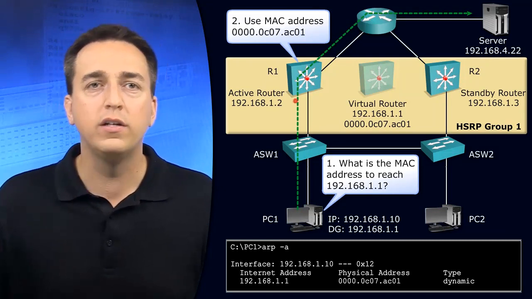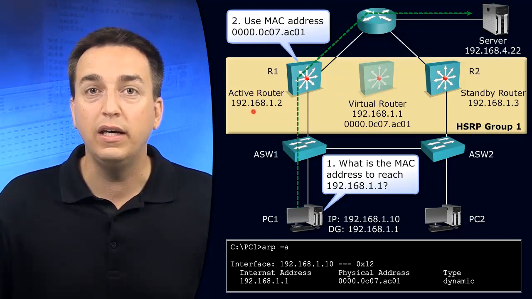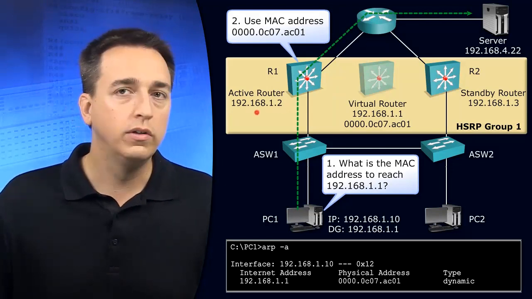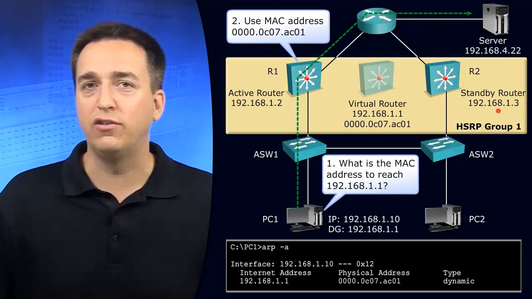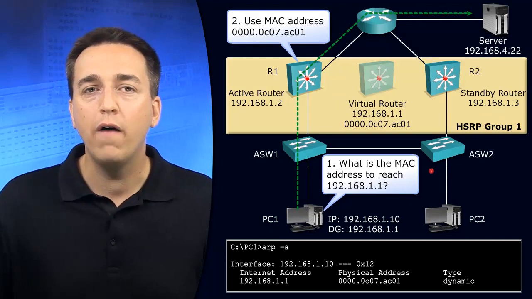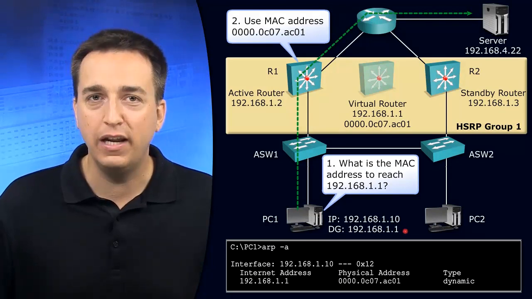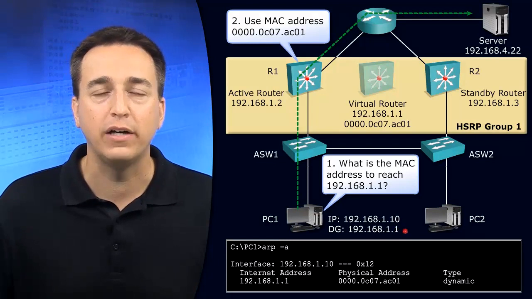But do we want R1's MAC address that is associated with the SVI? No. Do we want R2's MAC address that is associated with the SVI? No, we don't. We want the virtual MAC address associated with that default gateway IP address.